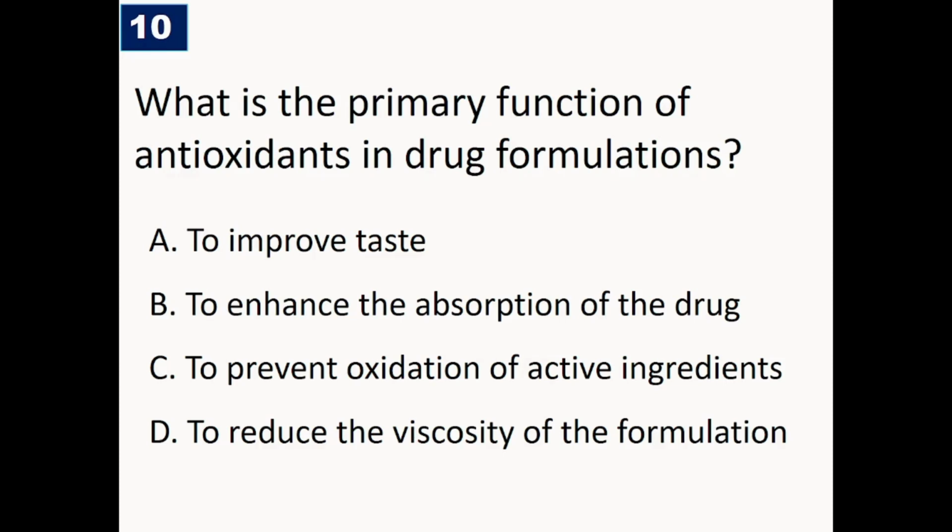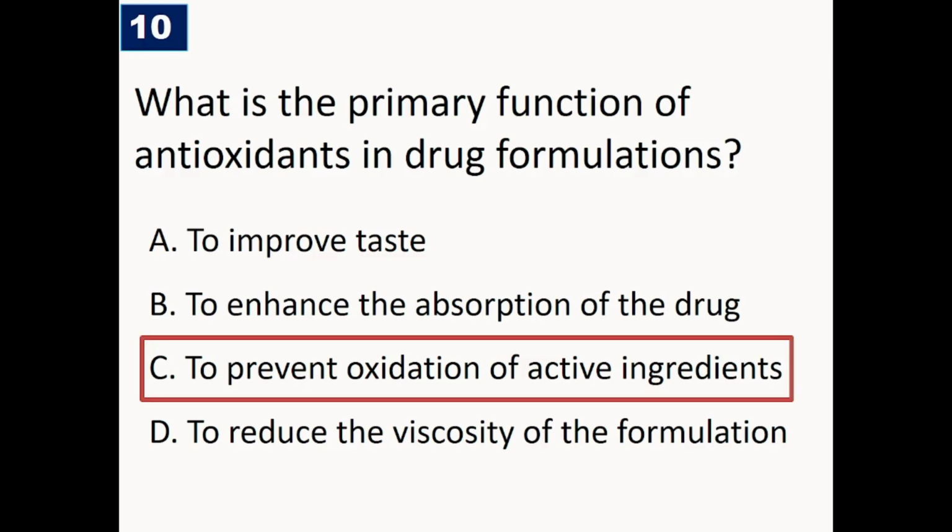D. To reduce viscosity of the formulation. The correct answer is to prevent oxidation of active ingredients. Exposure of drugs to air can result in a process called oxidation, and oxidation results in breakdown of drugs and chemicals, which results in drug instability.